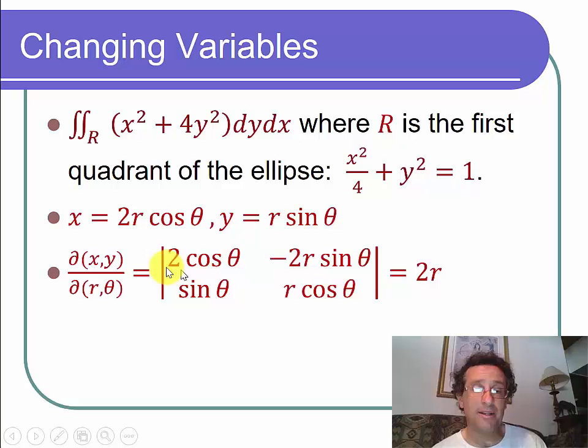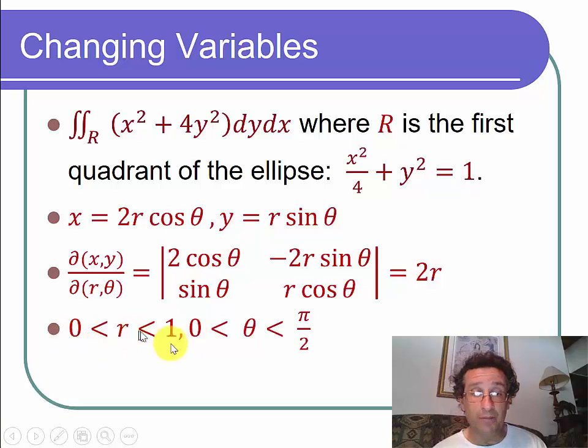I take a determinant, and I get 2r cosine theta times cosine theta, which is 2r cosine squared theta. Then we have a minus, that's a plus, 2r sine theta times sine theta, so that's 2r sine squared theta. And 2r cosine squared theta plus 2r sine squared theta is just 2r. Notice I don't need the absolute value because r is not negative.